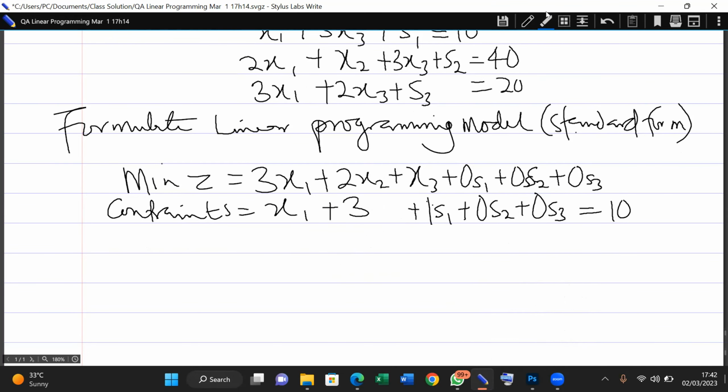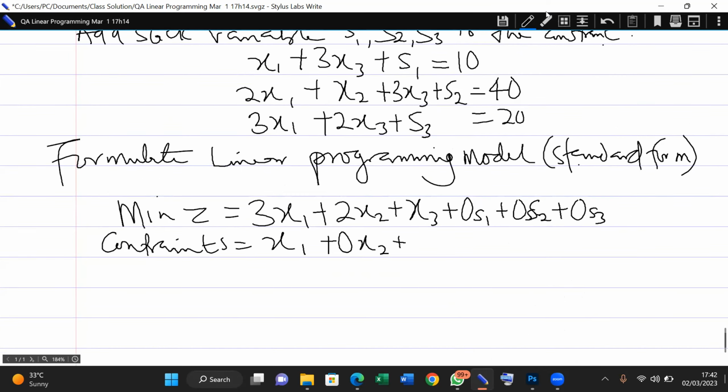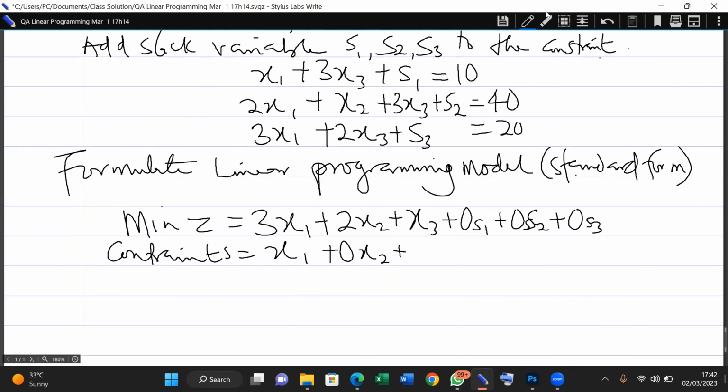If you really want to leverage it, you can just do 0x2 plus 3x3 plus 1s1 plus 0s2 plus 0s3, everything equals to what? 10. So it makes everything level.